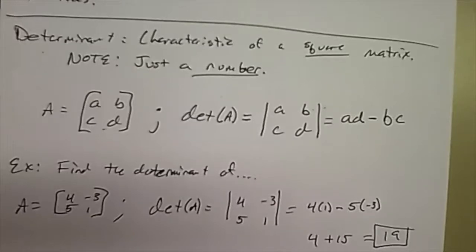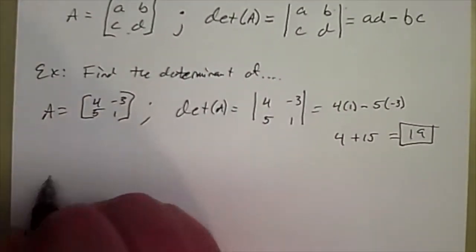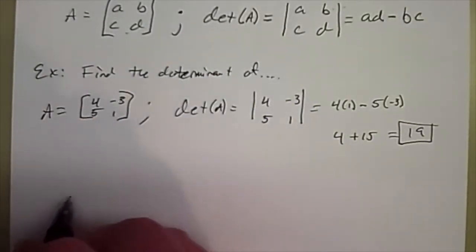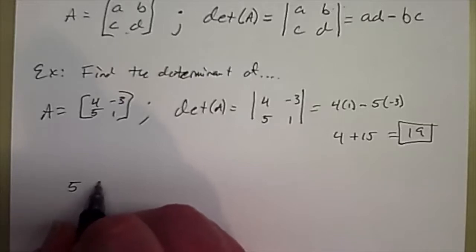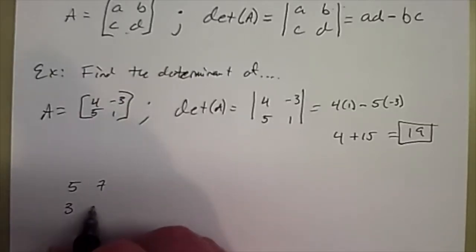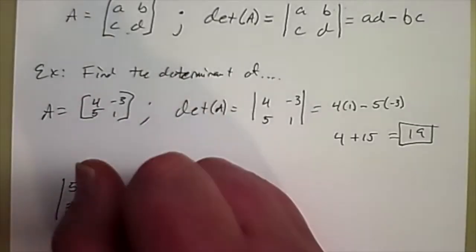I get a number. All right, let's do another example here. I'm going to skip all of the niceness here. Let's go with [5, 7; 3, 5]. Let's find that determinant.